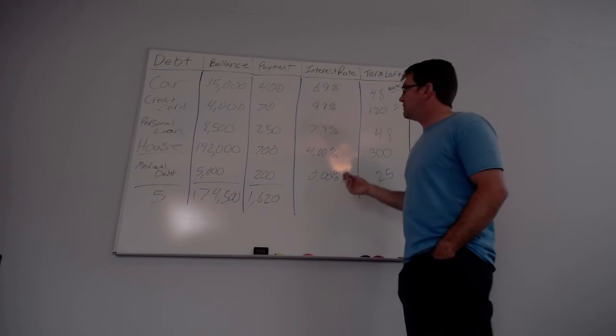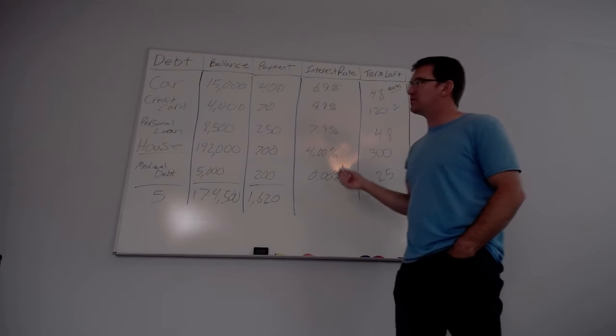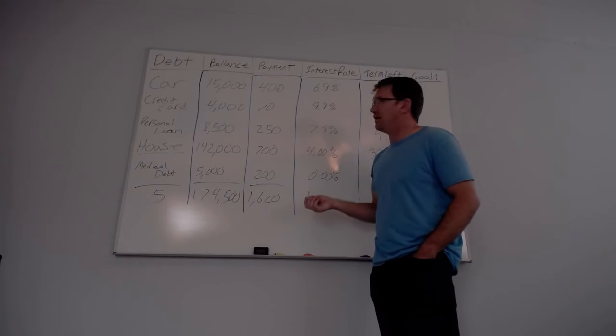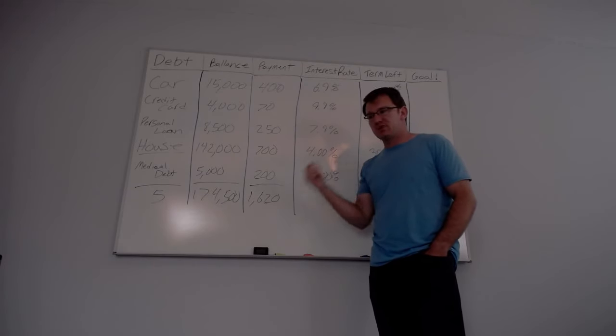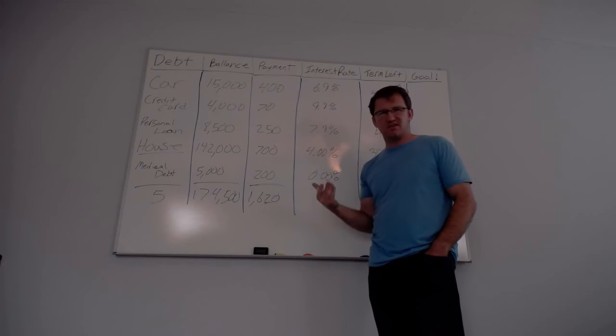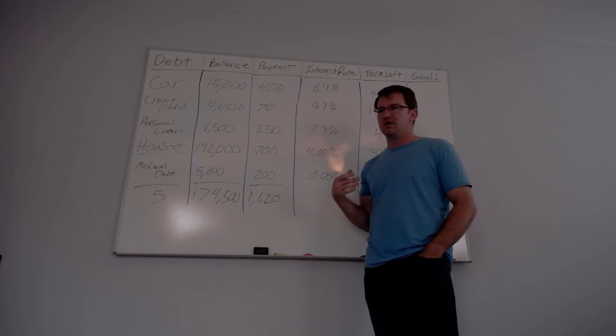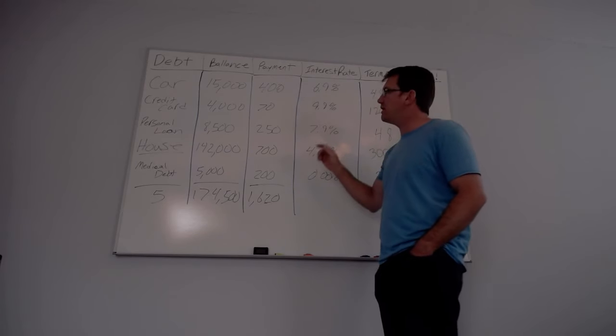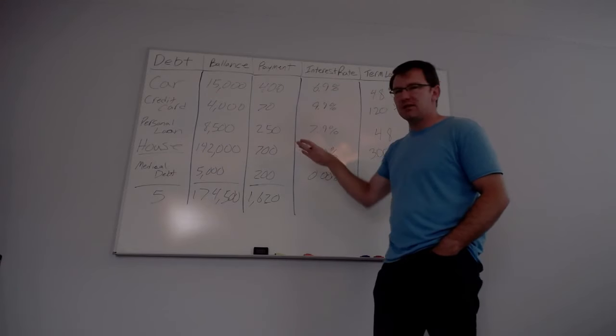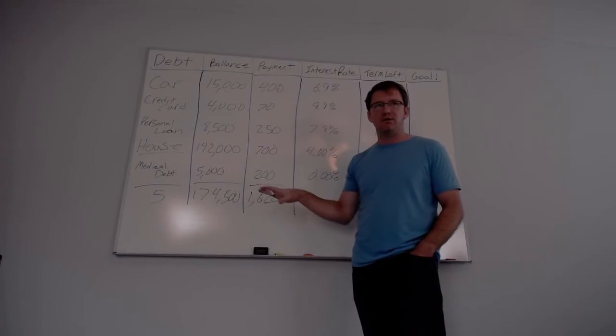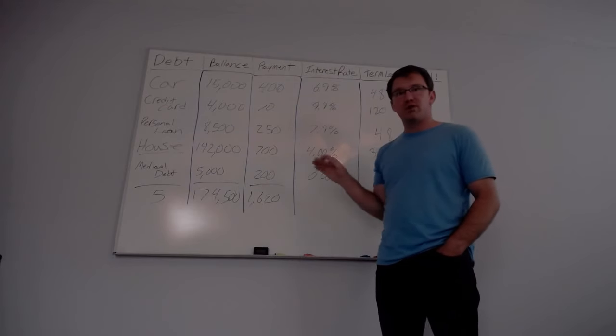The one with the highest interest rate normally always has the highest balance. If you try to pay off that one first, you can get stuck in a rut and never get it paid off. You'll lose focus, you'll lose the drive. You need something small. So hopefully you have a small debt that's maybe like 1,000 or 1,500, and start off with that one first.